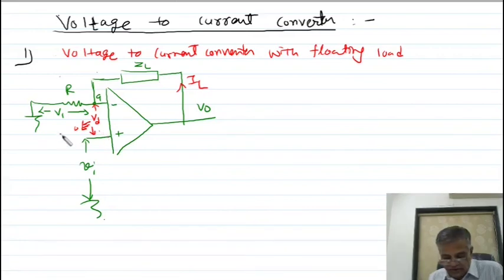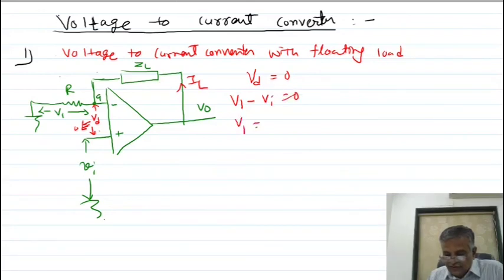Some voltage is developed due to the current. So I can write VD is equal to 0, or V1 minus VI is equal to 0, or V1 is equal to VI. What is V1? V1 is nothing but the current multiplied by the resistor, equal to VI.